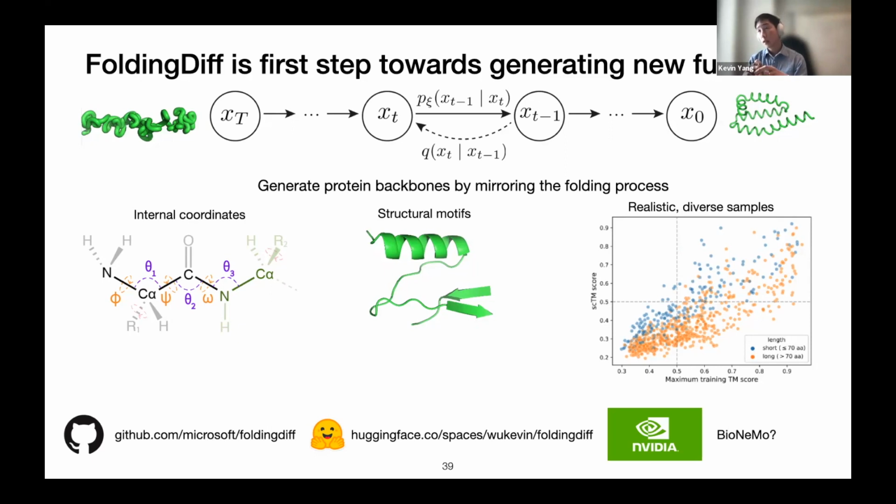Don't the errors of each model propagate down the pipeline, or does the SCTM score prevent that from happening? So yes, I think what you're asking is, when we do the self-consistency score, every model makes some mistakes, right? And the intuition here is that something with a high self-consistency TM score means that both ProteinMPNN and OmegaFold like that backbone structure.